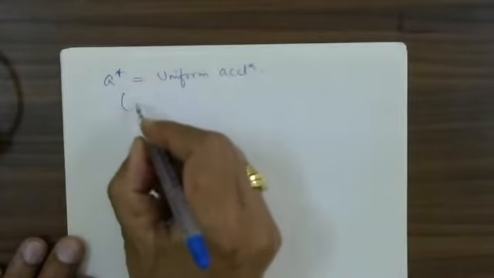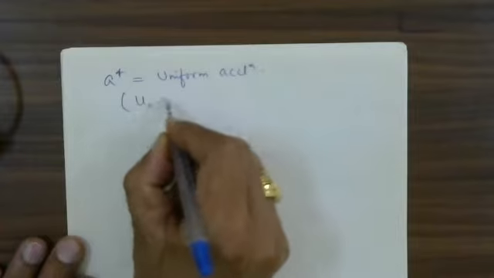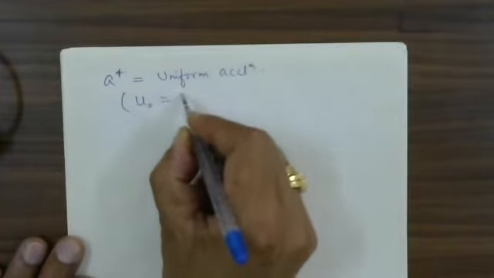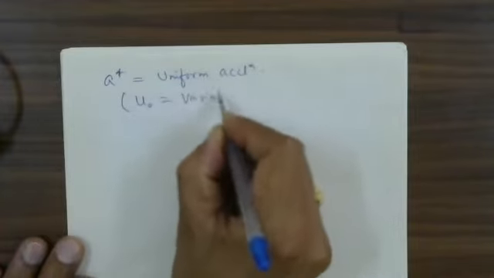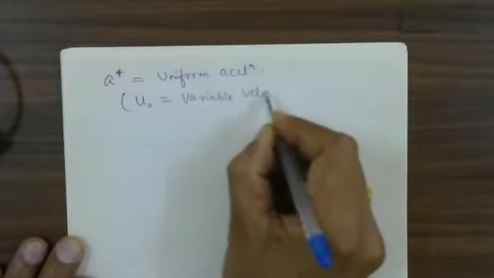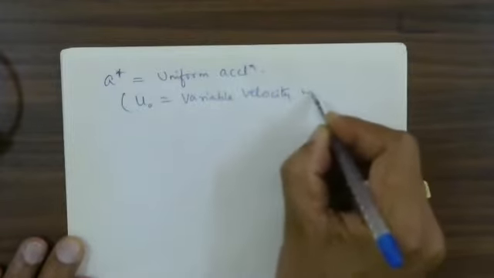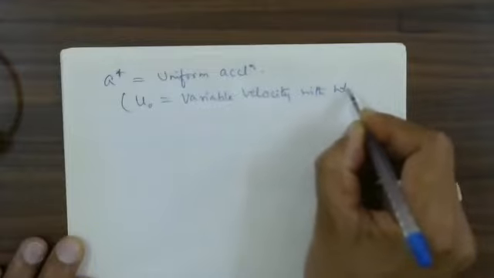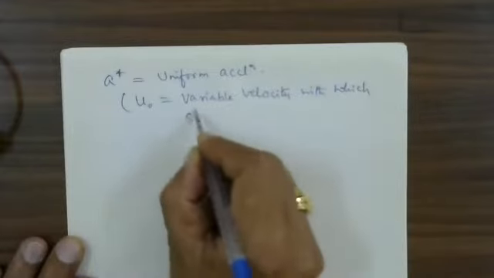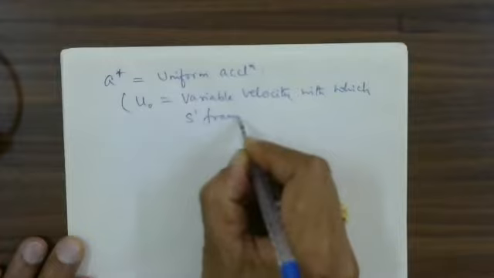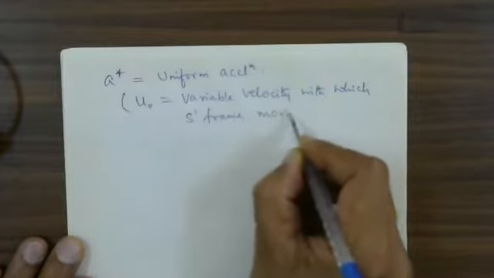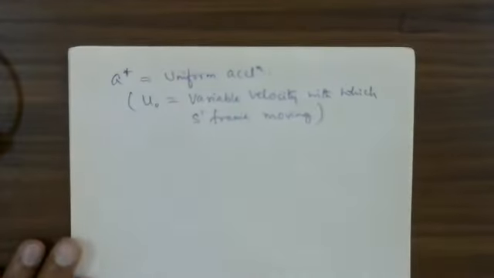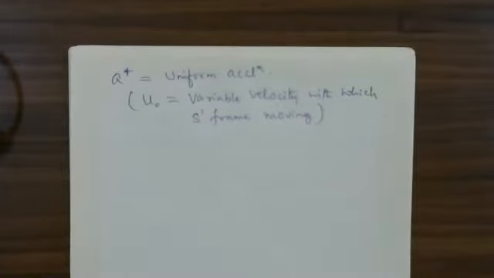Therefore, let us consider u0 is equal to variable velocity with which the S dash frame is moving.